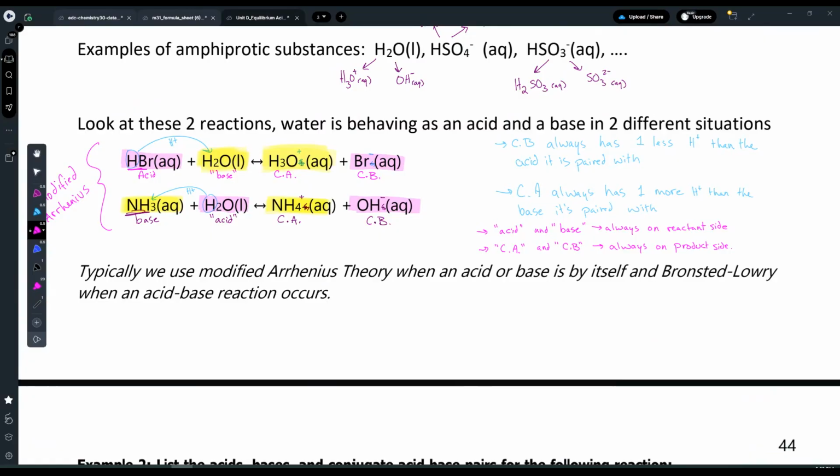So typically we use modified Arrhenius theory when you have an acid or a base by itself reacting with water, and we use Bronsted-Lowry reactions when we have an acid, so something that has a pH lower than 7, reacting with a base, so that's something that has a pH higher than 7.